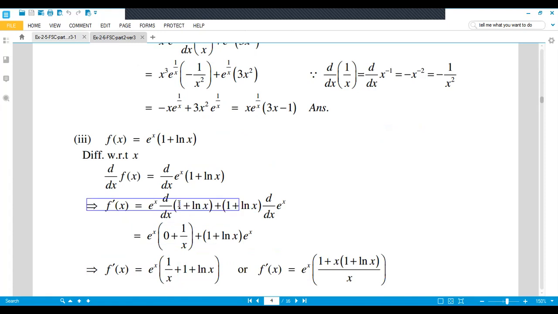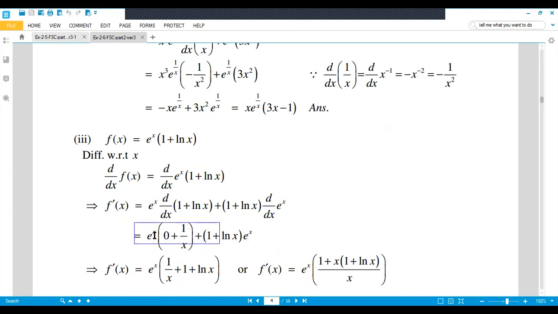Derivative of the second term: 1 is a constant, so its derivative is 0, and the derivative of natural log of x is 1 over x. We already proved it. So plus 1 plus natural log of x you copy as it is, and the derivative of the exponential function e power x we write as it is, and further the derivative of x is 1. So no need to write it here.